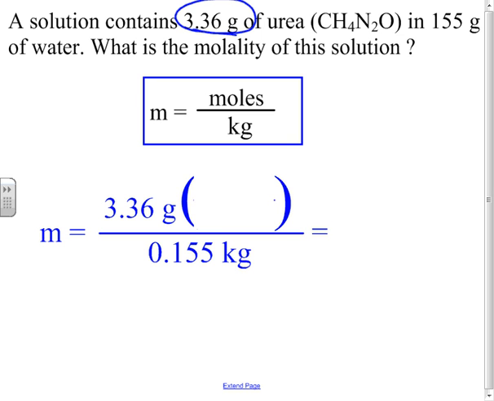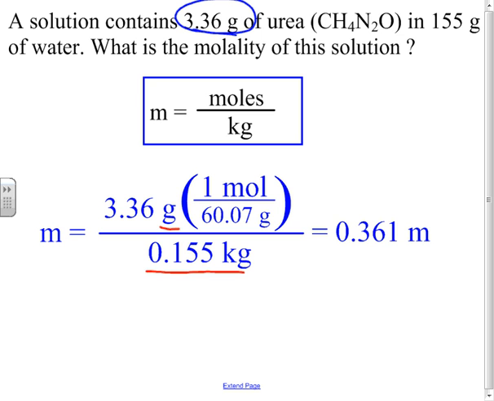The 155 grams translates into 0.155 kilograms, and we have to take our grams, convert into moles to get moles over kilograms. So we divide by the molar mass of urea, that's CH4N2O, and that gives us a 0.361 molal concentration. So again, just got to get the number of moles divided by the number of kilograms.